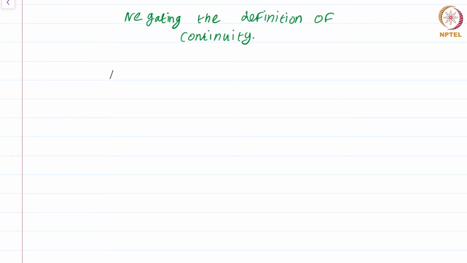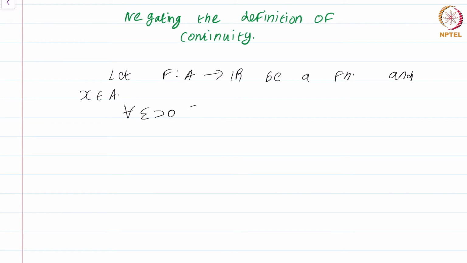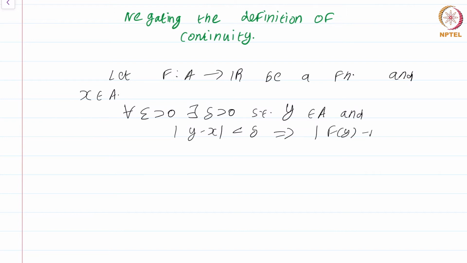So again, the setup is, let f from A to R be a function and x is an element of A. Now we say f is continuous at x if for each epsilon greater than 0 there exists delta greater than 0 such that if y is in A and mod y minus x less than delta implies mod f(y) minus f(x) less than epsilon.